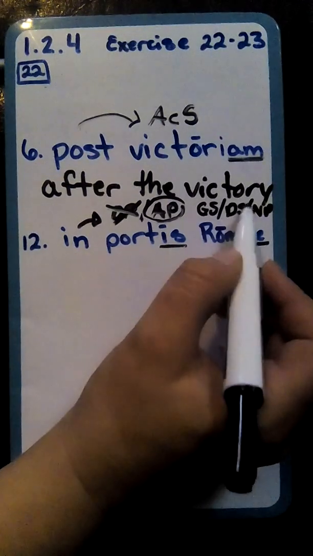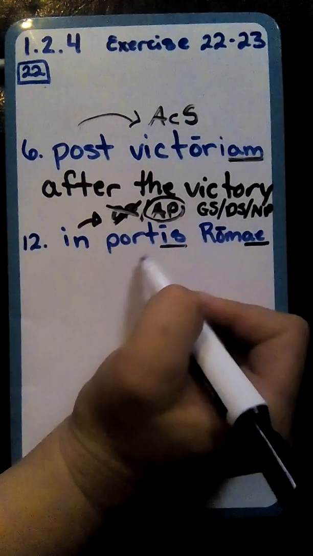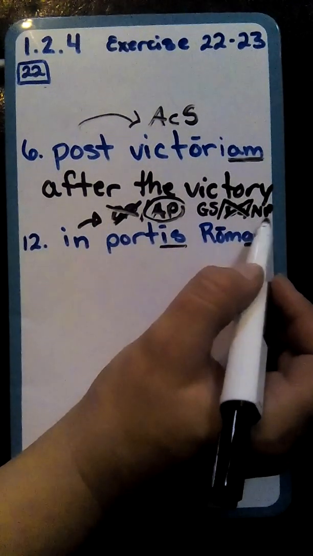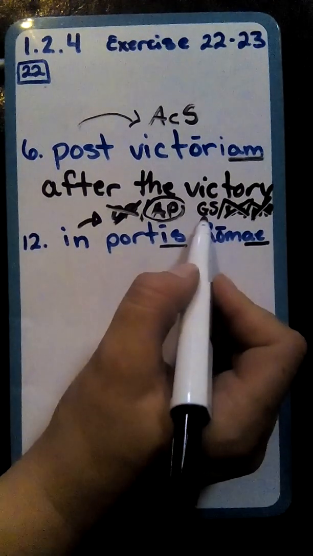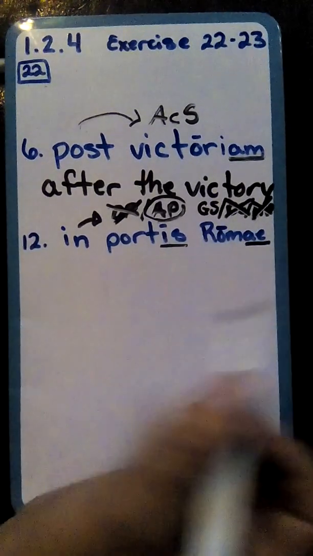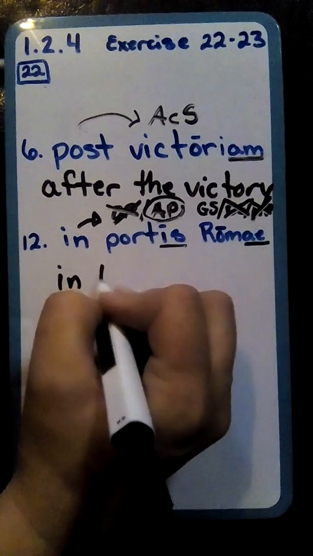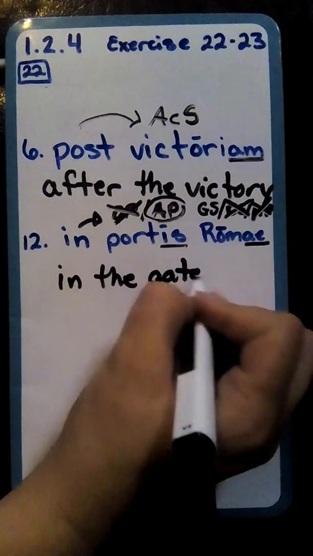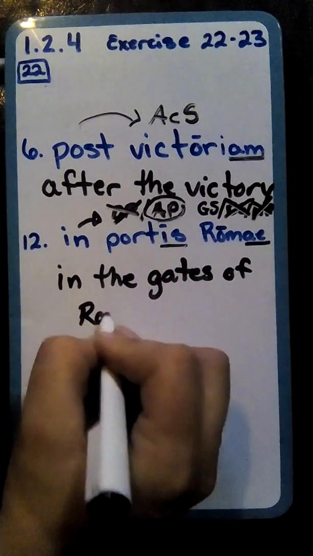Well, it's not the indirect object, because there's nothing being given to it. And it's not the subject of the sentence. So it's going to be possessive. This is the of phrase, of Rome. So we will have in the gates of Rome.